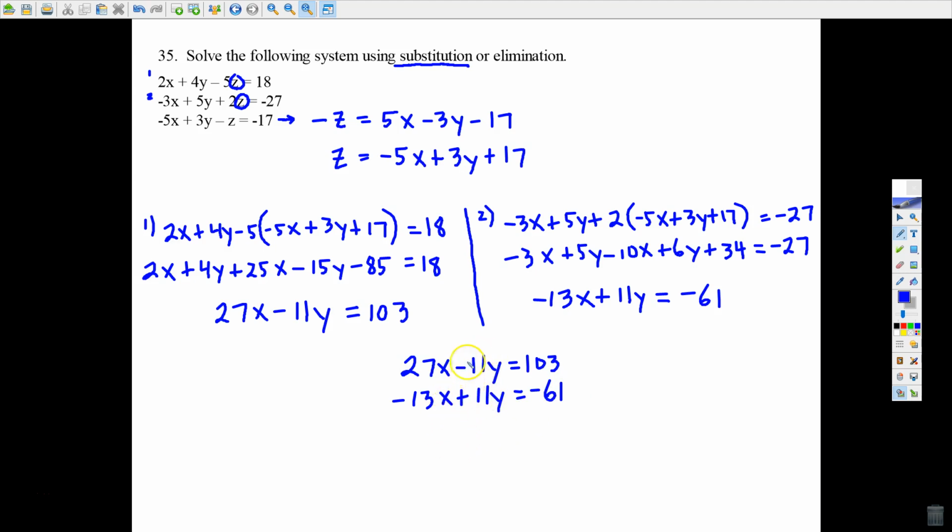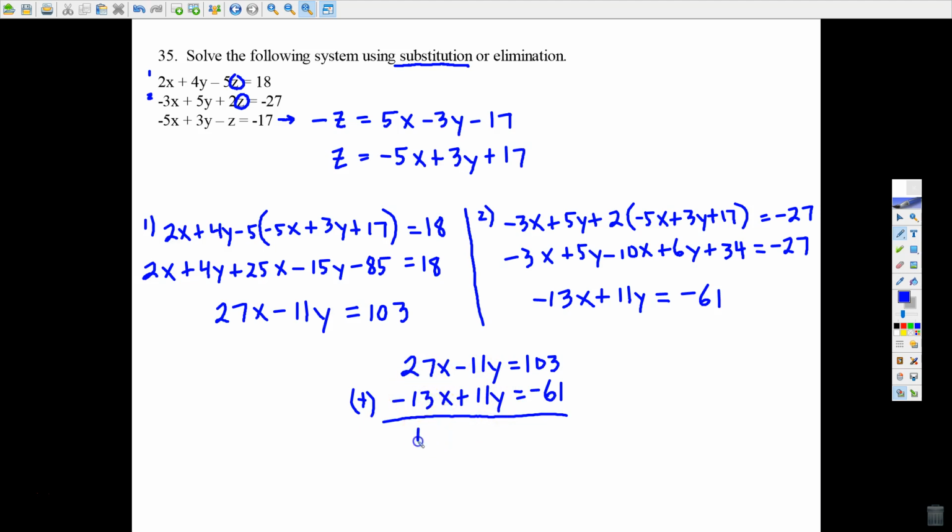This sets up really well for elimination because I automatically eliminate the y, as you can see, with addition. So the process is take the two remaining equations after you've substituted, put them together as a system, and use elimination on one of the variables.